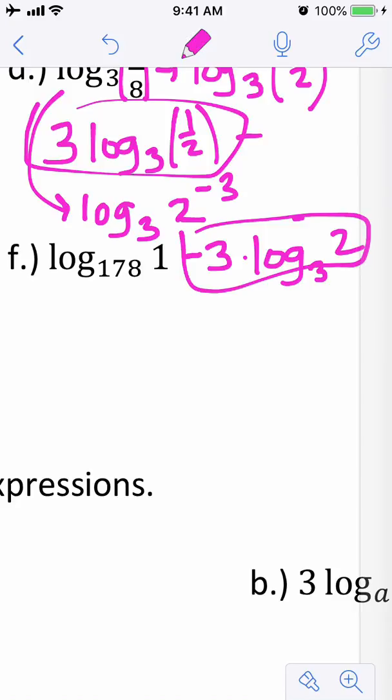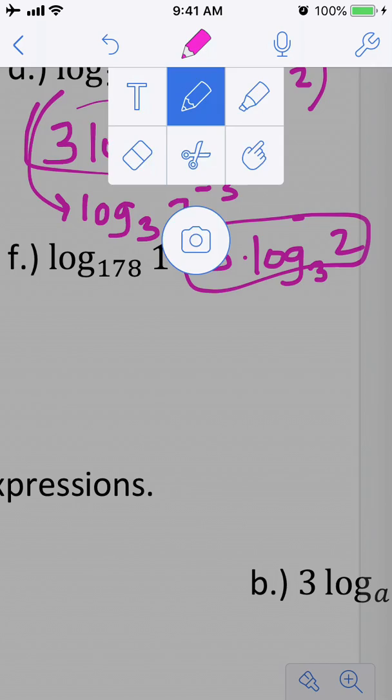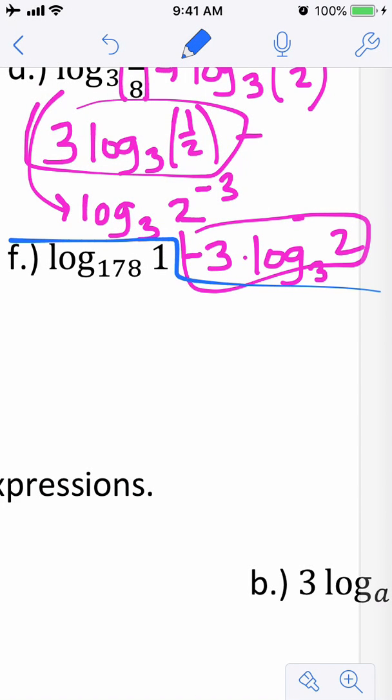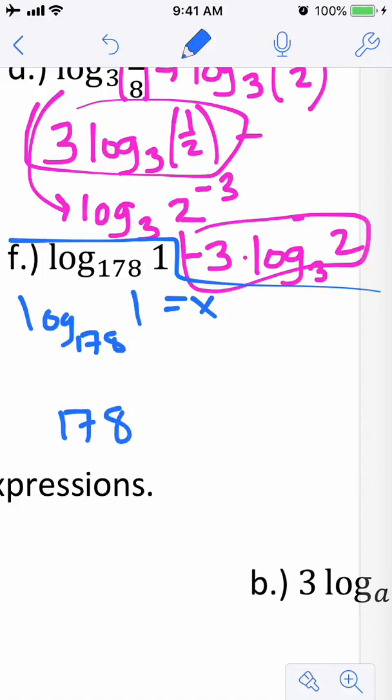Okay, over here, we have an example of the 0 power rule. Check this out. We've got log base 178 of 1. If we were to rewrite this as equals x, so log base 178 of 1 equals x, then when we make our circle, 178 to the x equals 1.